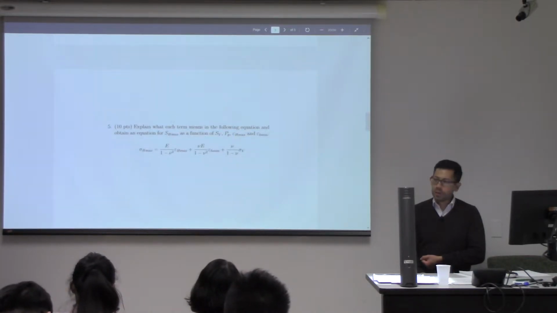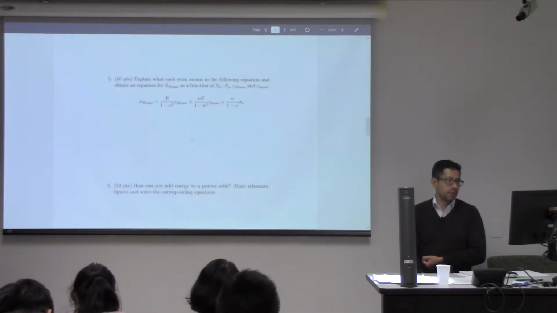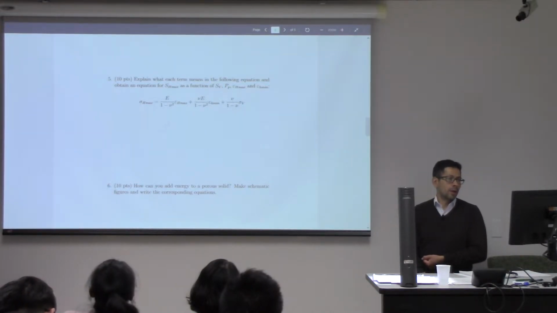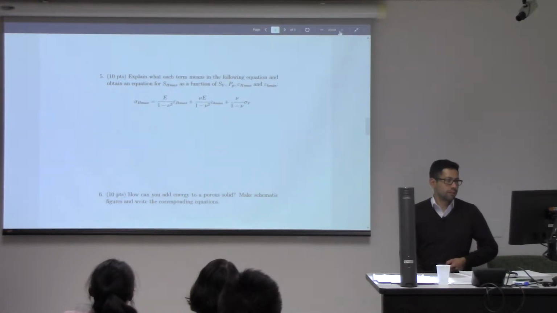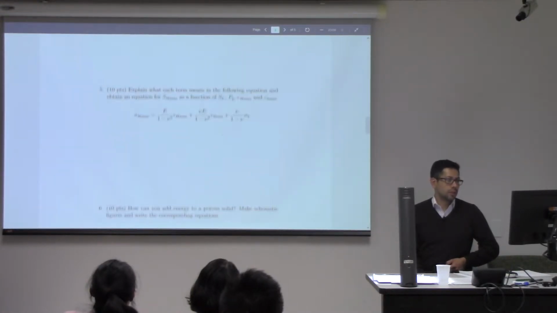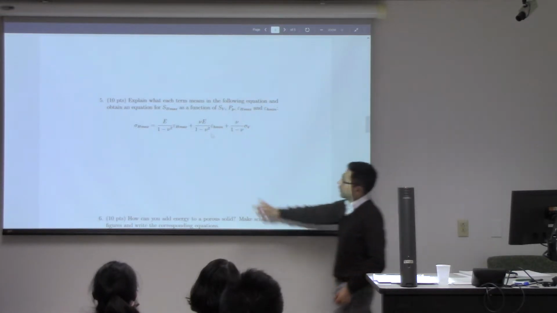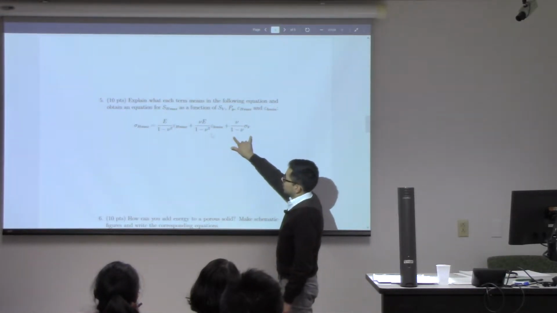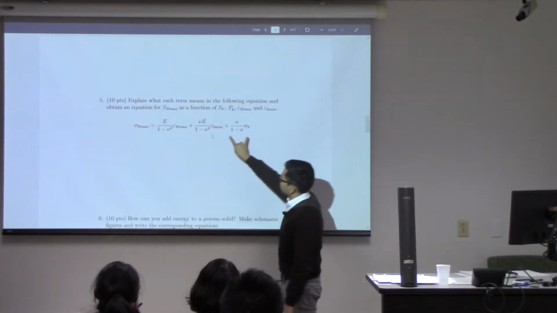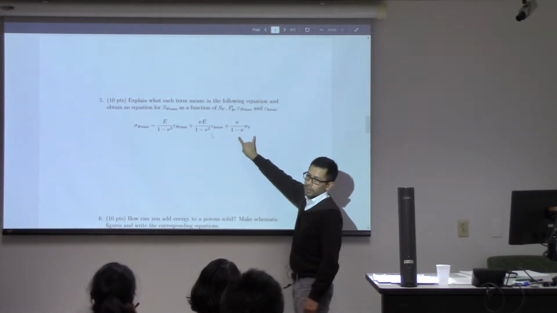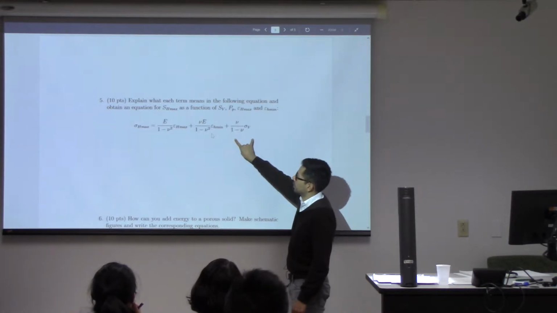What else? Please stop me if there is something that you want to ask about some of these equations. Okay, this would be an example of an equation that has a lot of meaning in it. Each term is horizontal stress that comes from a different source. For example, this one comes from vertical stress, the Poisson effect of vertical stress.